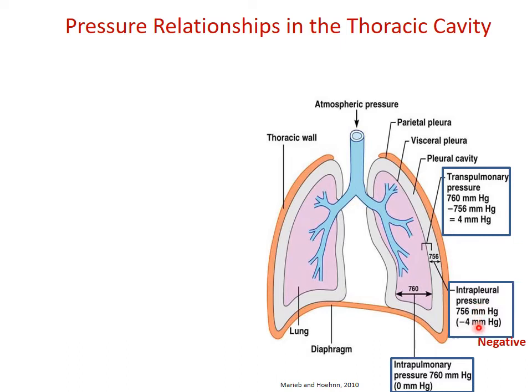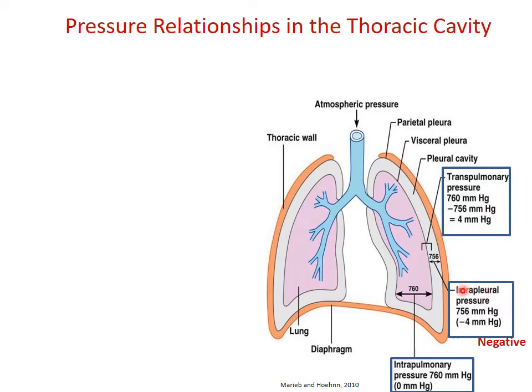It is approximately minus 4 millimeters of mercury, or 756 millimeters of mercury. The transpulmonary pressure is the difference between the intrapulmonary pressure and the intrapleural pressure. It's about 4 millimeters of mercury.